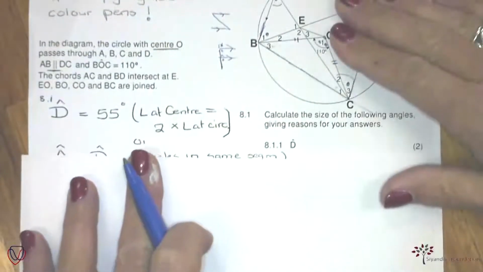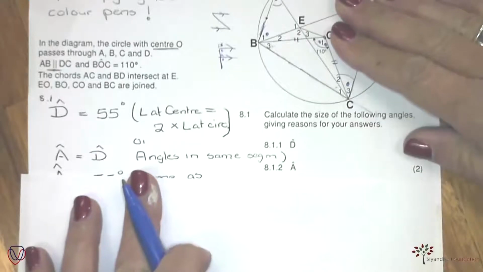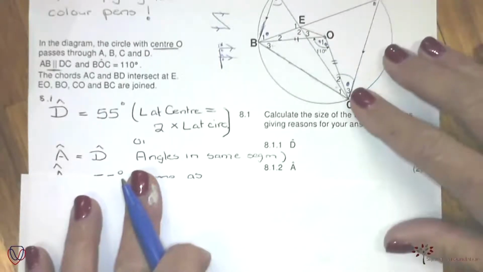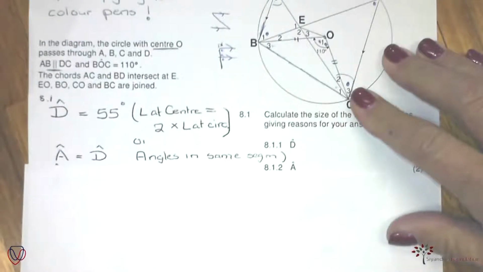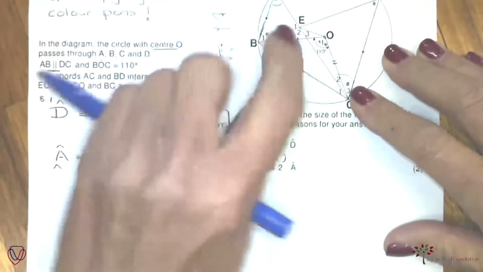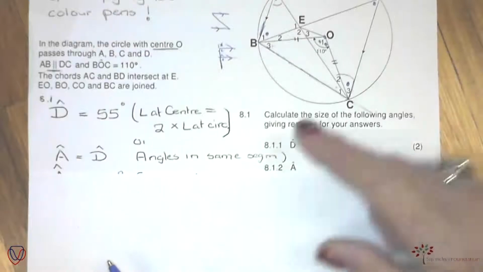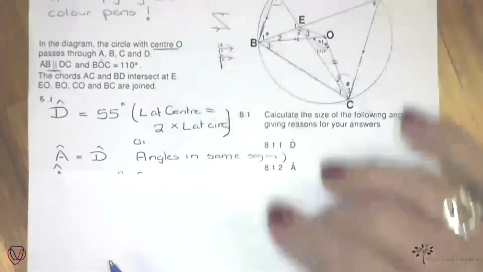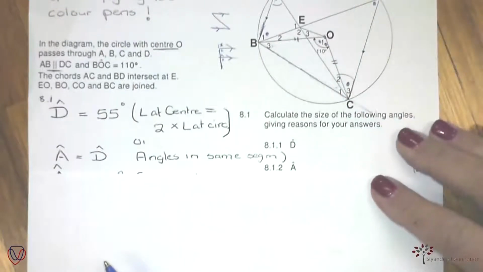Next one, 8.1.2. They said determine A. Now, I said A is equal to D, which is quite correct. Look at that. On the same chord. Angles on the same chord, or you can say angles in the same segment.